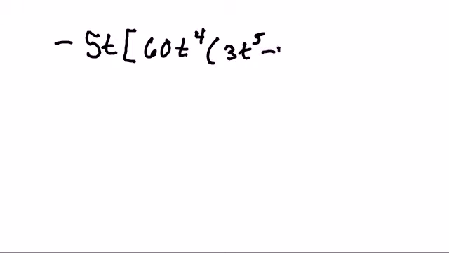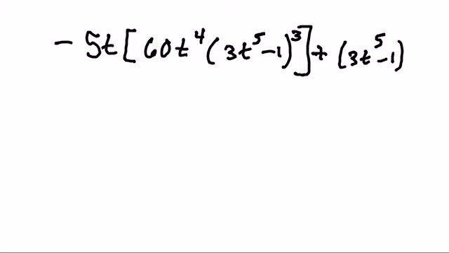So that means I have negative 5t, my u of x, times my v prime of x, which is 60t to the fourth, times 3t to the fifth minus 1 all to the third power, plus the second part, which is going to be 3t to the fifth minus 1 to the fourth power, times negative 5, which is the u prime of x.